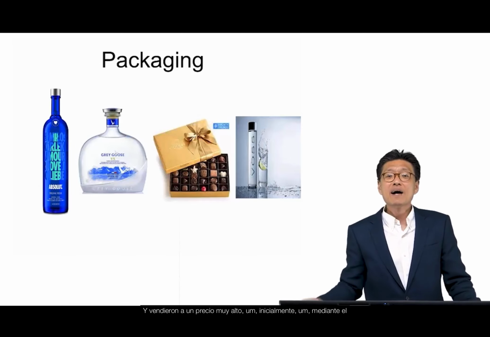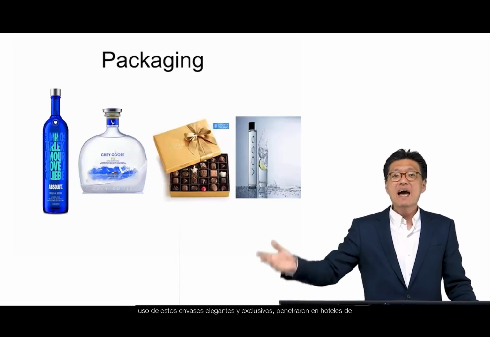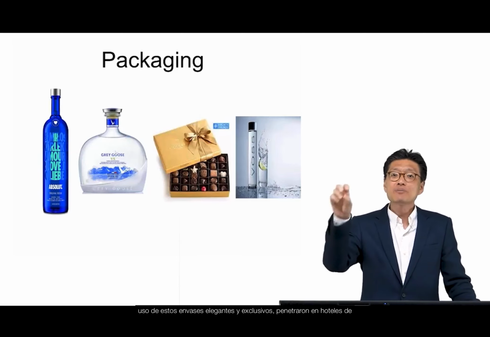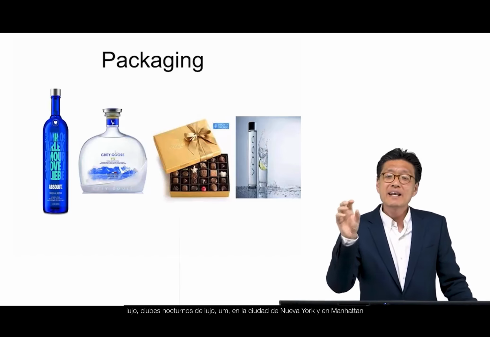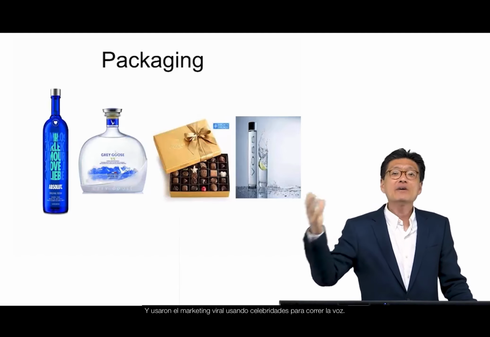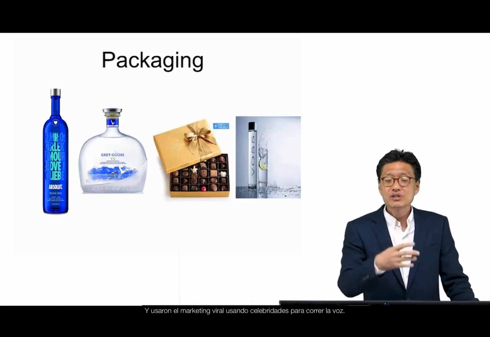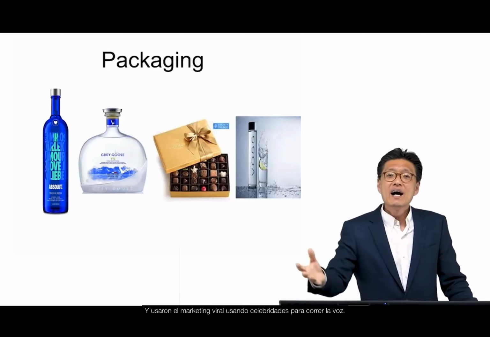Initially, by using this elegant and upscale packaging, they penetrated upscale hotels and upscale nightclubs in New York City and Manhattan. They used viral marketing, using celebrities to get the word out.